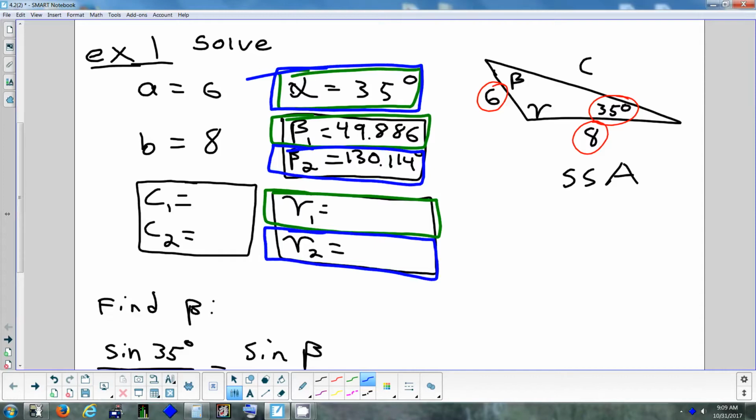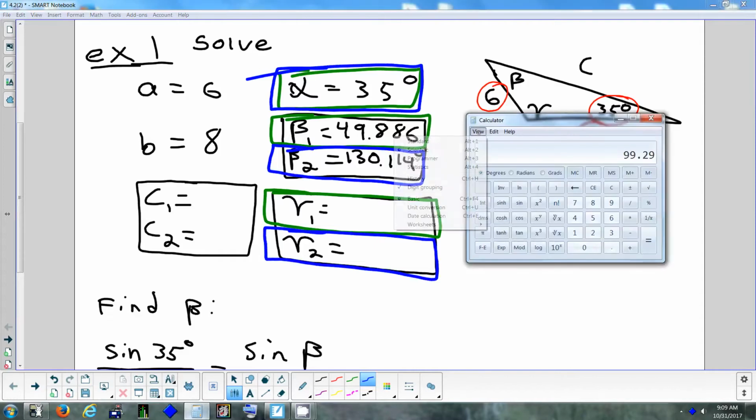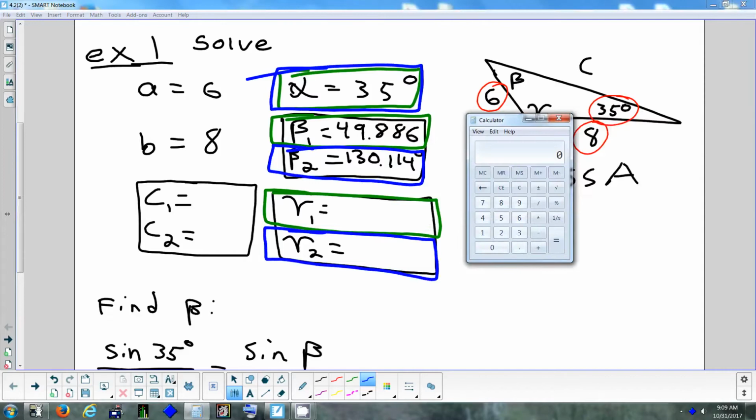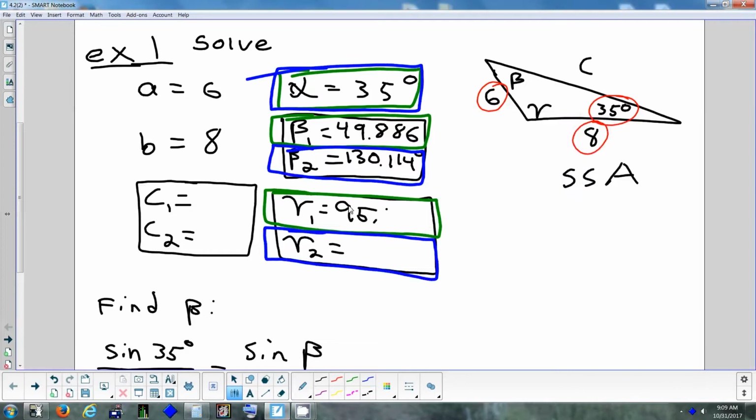Emily, what 2 angles would I add together to find gamma 1 and then subtract from 180? 35 and 49.886. Yeah, we're going to add the 35 and the 49.886, and then we're going to subtract that from 180. Okay, so gamma 1 is 95.114. And now for the blue triangle, that's alpha, beta 2, and gamma 2.